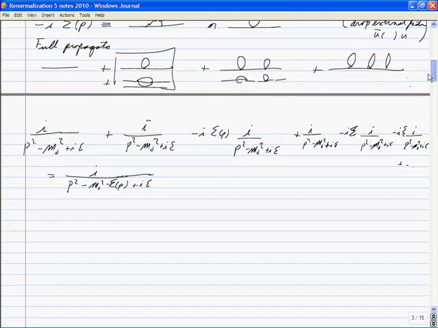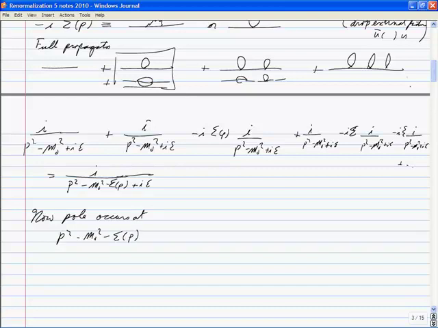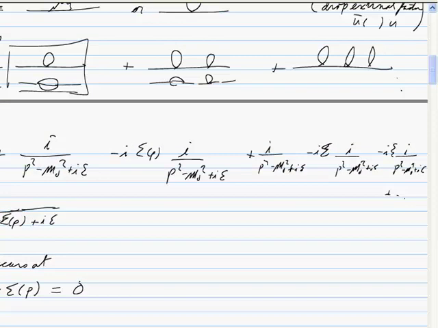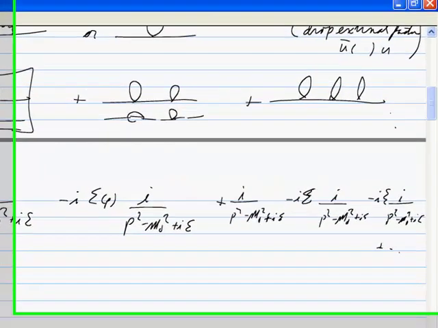So now this shifts the on-shell condition. Now the pole in that propagator is at p squared minus m0 squared minus sigma of p equals 0.